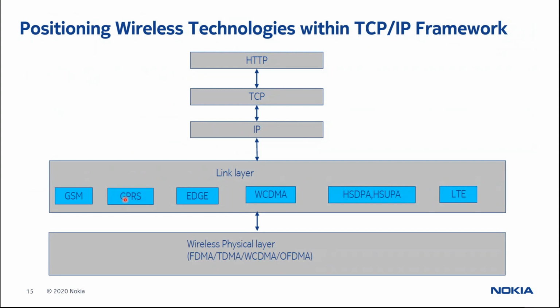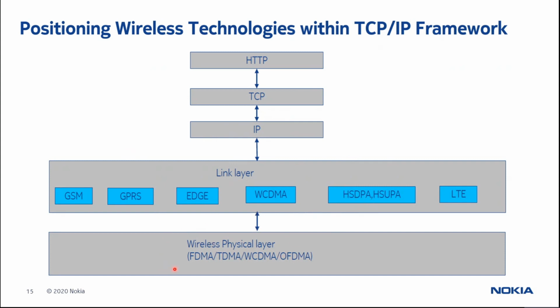So we have heard about various technologies: GSM, GPRS, EDGE, WCDMA, HSUPA, HSDPA, and LTE, right? They are basically the link layer protocols. So in the context of the TCP/IP framework, they all get positioned in the link layer basically.